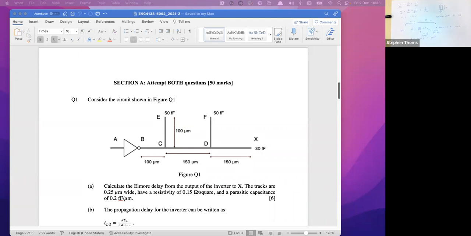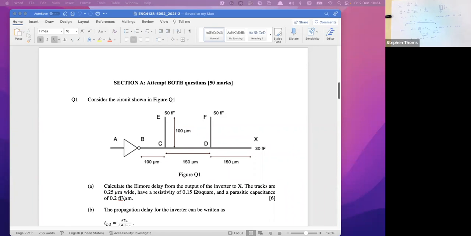You were just given the capacitance by length, which makes your calculation easier. So you don't have to guess a number; you'd assume it's rolled into the per unit length number. So we've now got a capacitance and resistance for the first section.